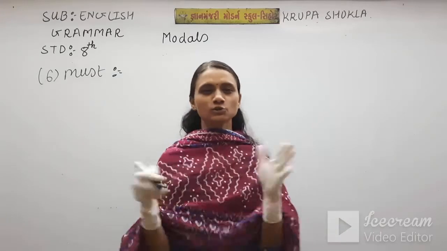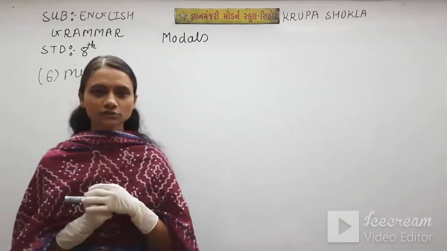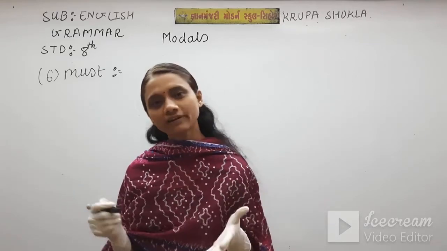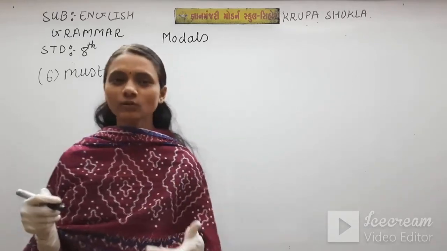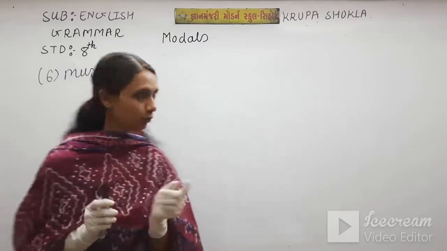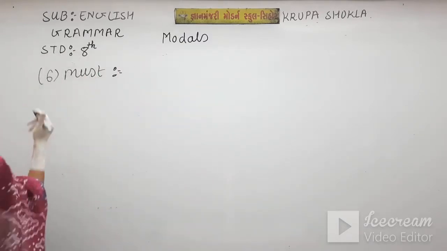There is some difference between should and must. When you just read the rules of should and must, you will not find any differences. But I'll give you examples. After that, you will understand the difference between should, must, and have to. So first is must.